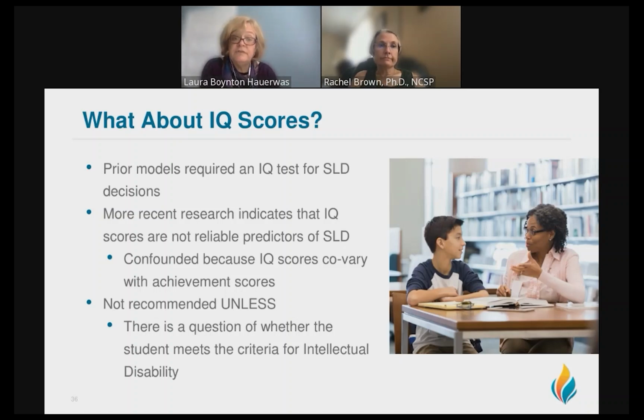Research has shown that IQ tests are not reliable predictors of SLD and frequently show some biases. IQ test scores are confounded with these achievement scores, and so in and of themselves, they are not helpful for a diagnosis of specific learning disability.